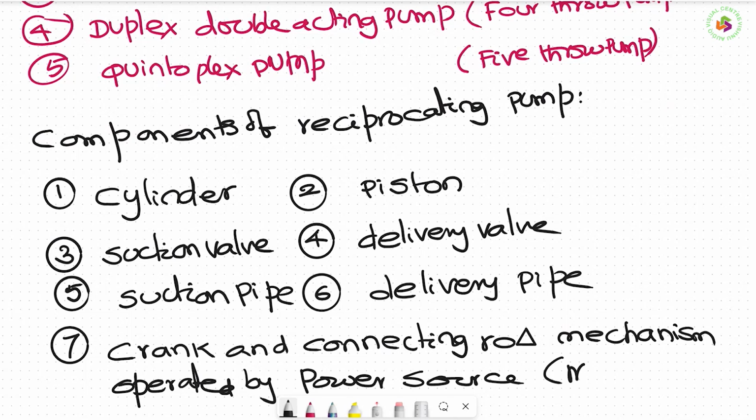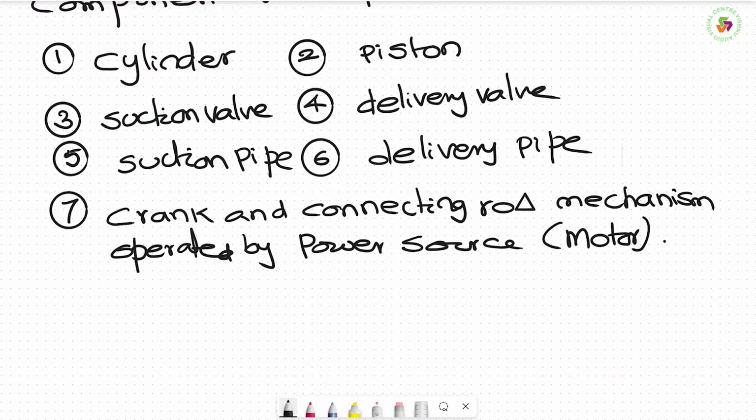That is what we call a motor. So these are the seven components of the reciprocating pump: cylinder, piston, suction valve, delivery valve, suction pipe, delivery pipe, crank and connecting rod mechanism.